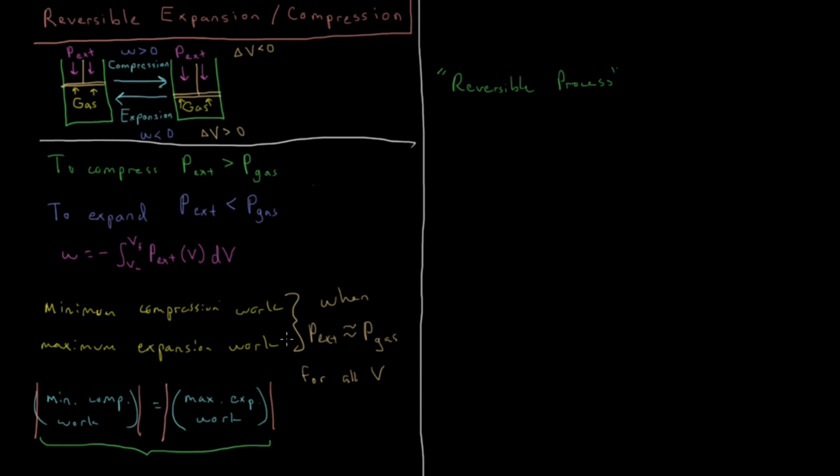So a reversible process would be one which satisfies conditions like that. But more formally, it'd be any situation where we have only infinitesimal system changes over functionally an infinitely long time.